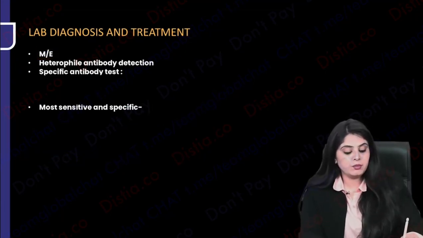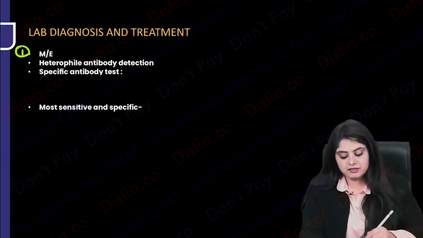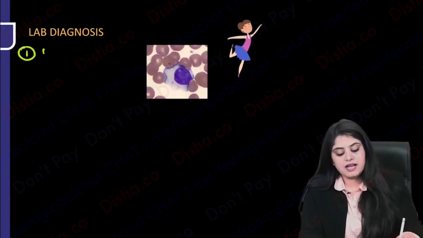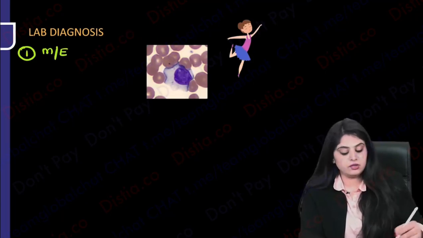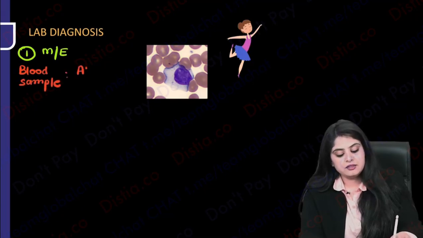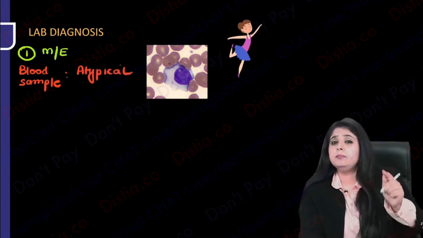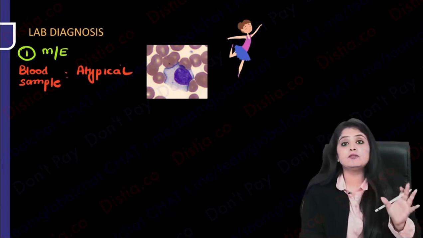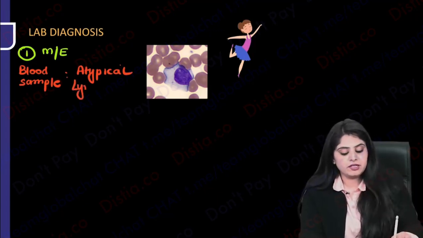So first of all, what are we going to do? We are going to do microscopy. Let's assume that we have a case of infectious mononucleosis. What are you going to see on a blood sample? On a blood sample, I see something known as, you will say, ma'am, it is a lymphocyte problem. EBV was going to the B cells. Okay, so B lymphocytes. It is a lymphocyte problem. So I start seeing atypical lymphocytes.